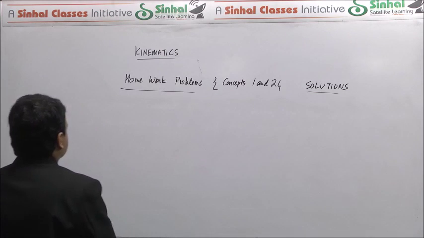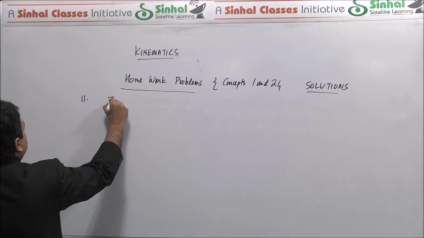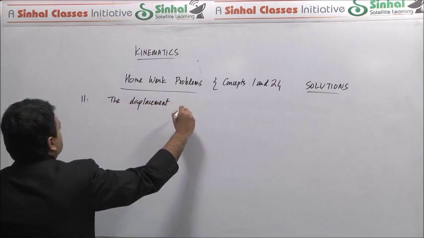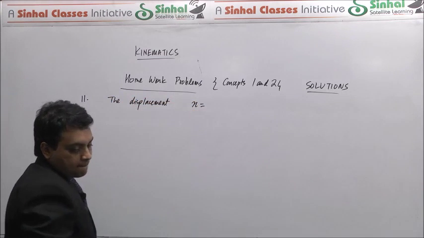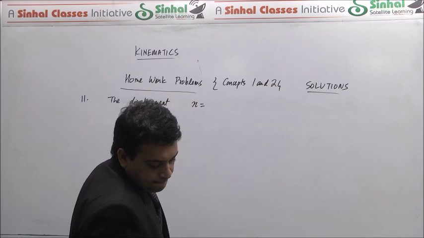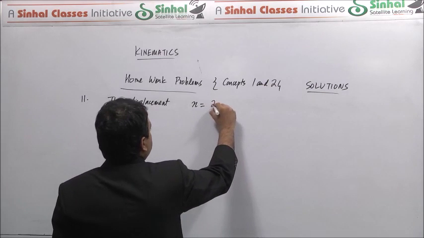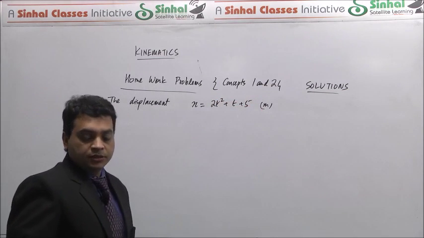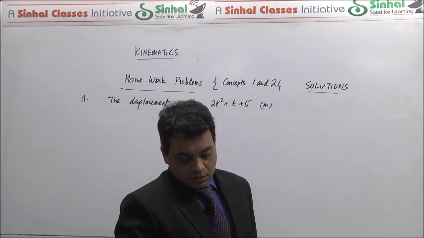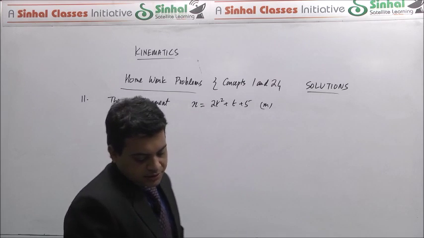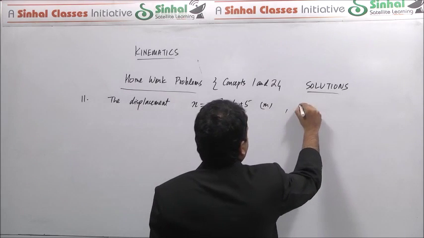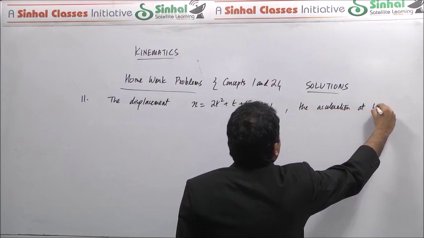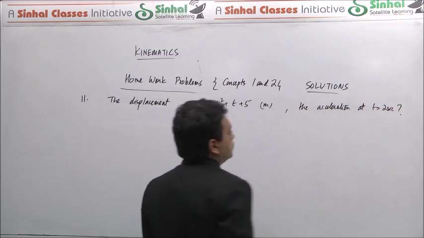Displacement of a body is given as this much in meters. The acceleration at time t equal to 2 seconds. Okay.